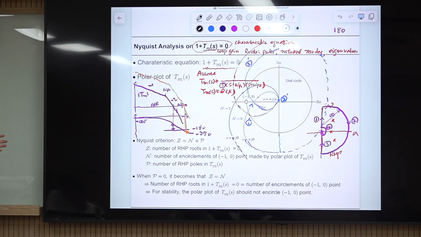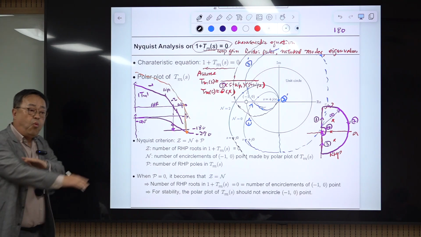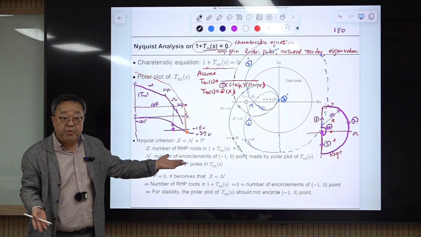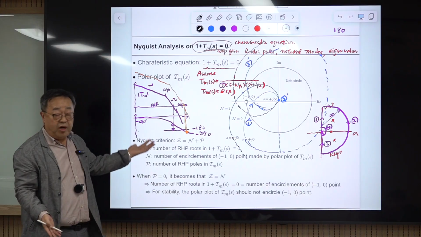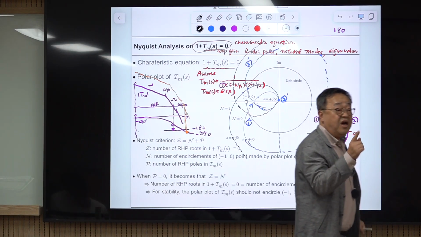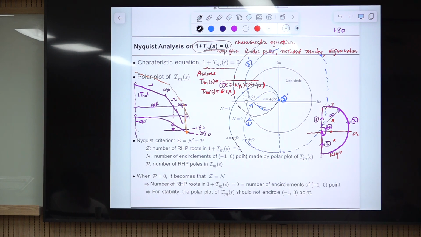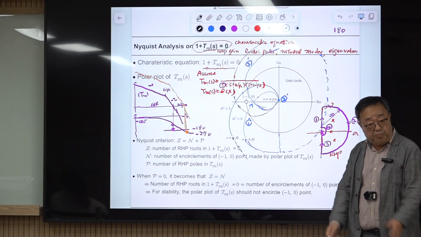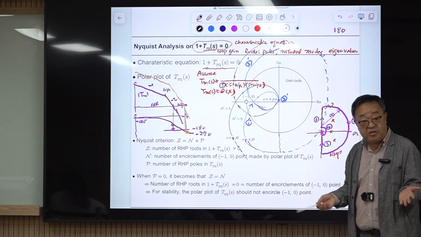This is the comprehensive one. It can explain all the cases. The previous one is the very simplified one, but in 99% of your cases, you are only using this simplified version of Nyquist analysis.